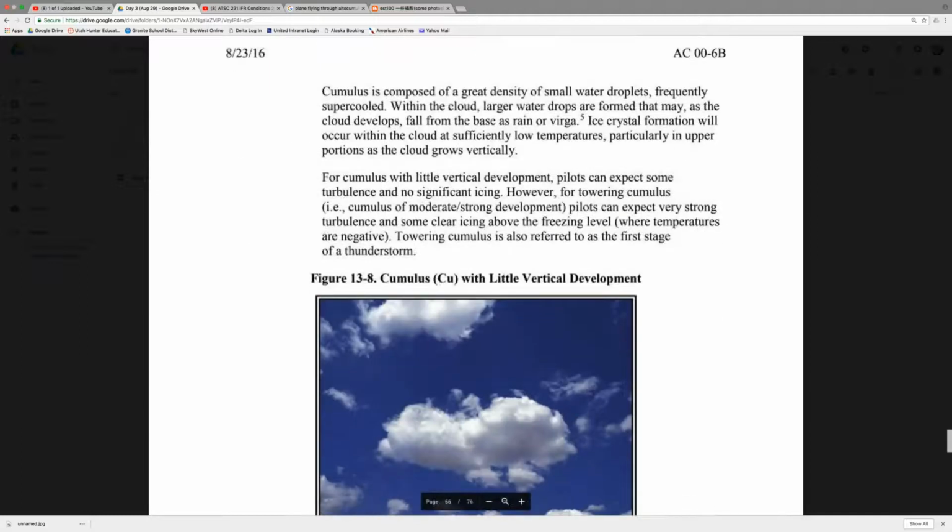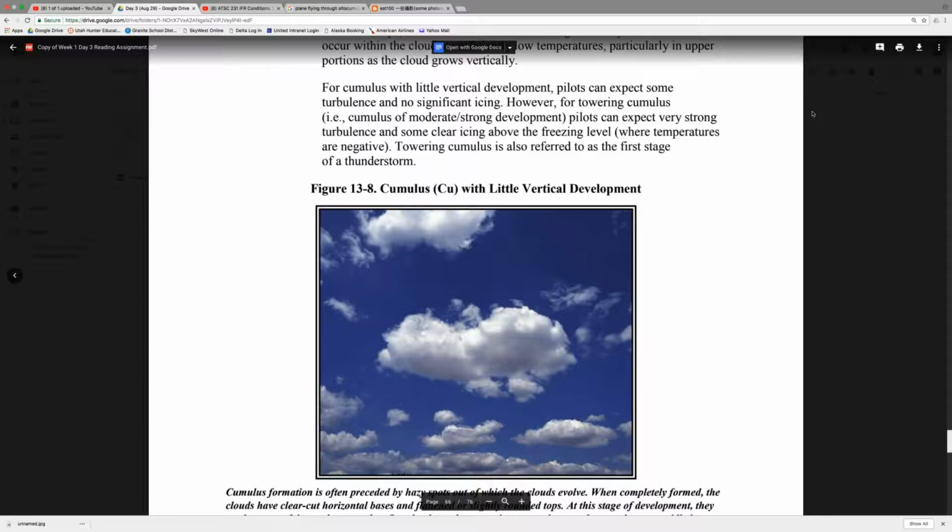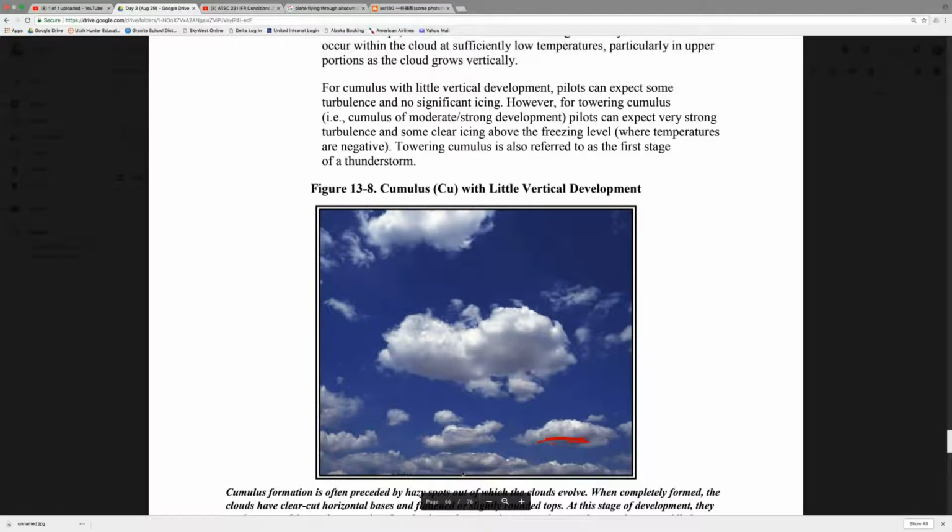You can see that a lot of the cloud bases are going to be pretty flat, but the edges and the tops are all fluffy, powdery.